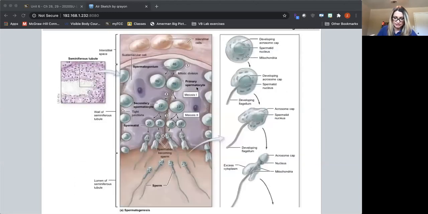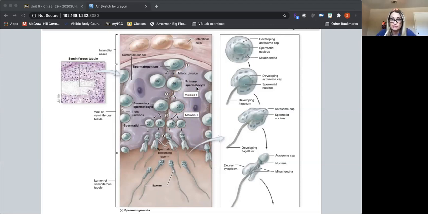Let's look at a diagram version here, just to get an idea. The Sertoli cells are these cells. See, it's a huge cell compared to the sperm. All of this is the Sertoli cell, this purple one. And then the other type of cells that we see in the seminiferous tubules are the germ cells, or the dividing cells.